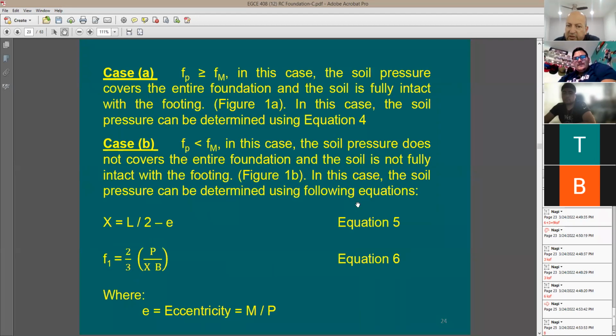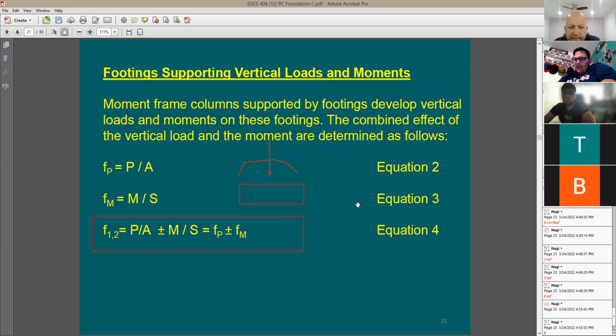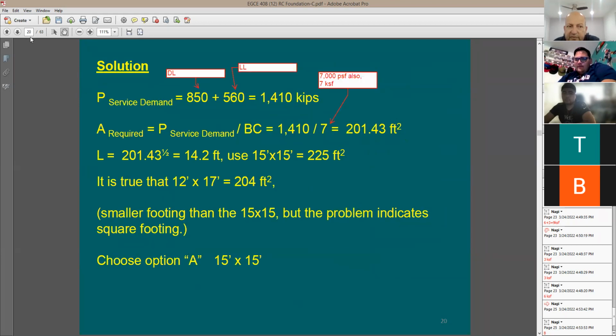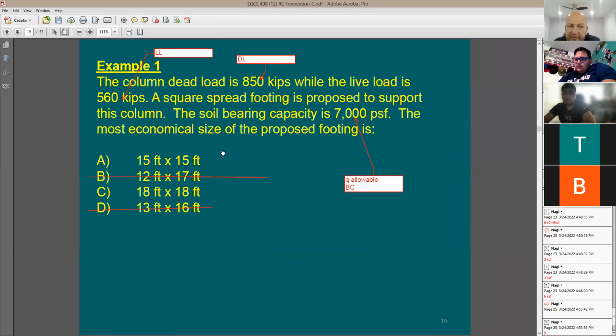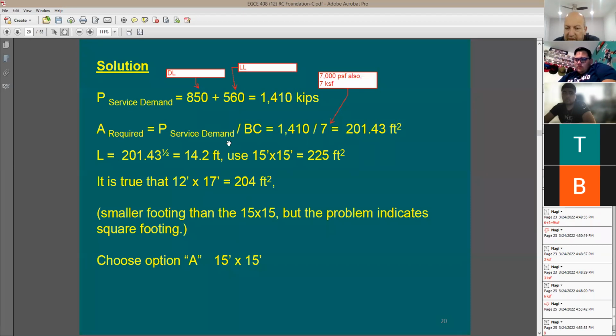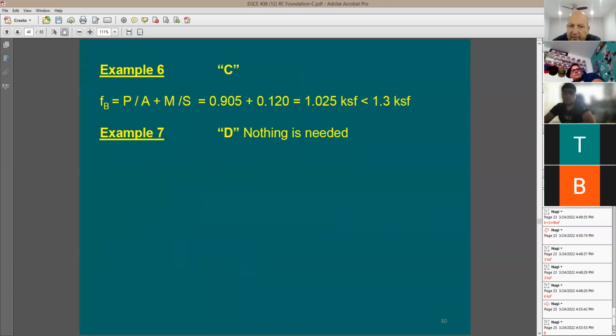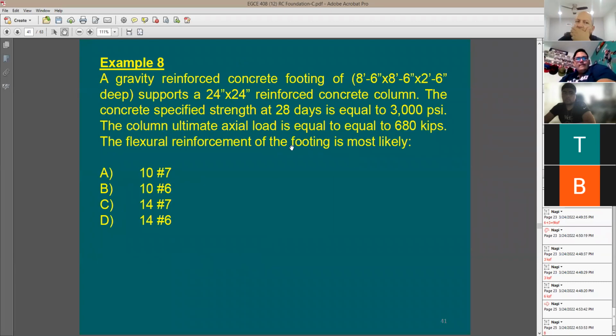So I started here. I took it from, let's say, example 1, slide 20. I jumped here to slide 41. Why did I do this? Because I'd like to finish a complete footing design with gravity loads only.